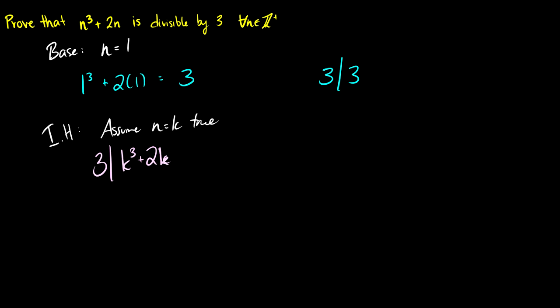So by definition, this means that 3 times m equals k cubed plus 2k for some m in the set of integers. So we know this is true by definition. Now we want to show that n equals k plus 1 is true.